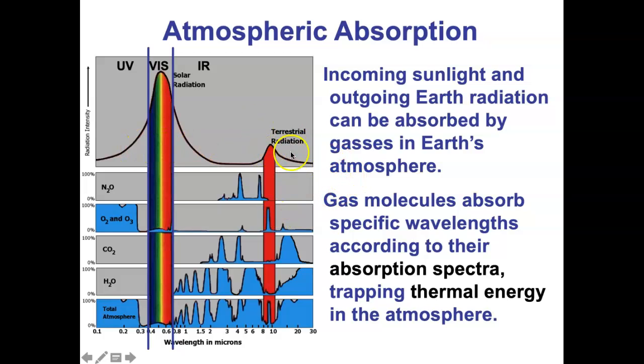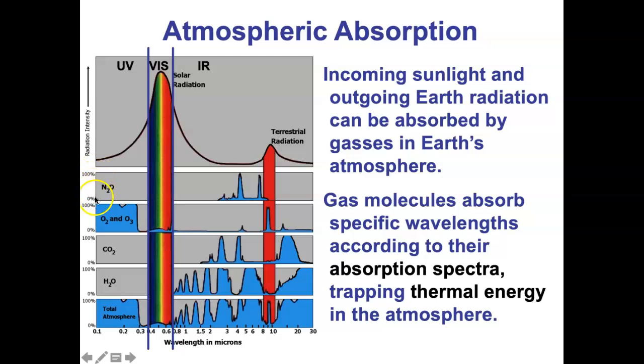So this is the spectrum of light that is shining through the Earth's atmosphere. The light that is coming down from the sun and the light that is radiating up off the Earth, passing through the atmosphere and then trying to get back out into space. Okay? All the rest of these graphs are the absorption spectrum of the gases.